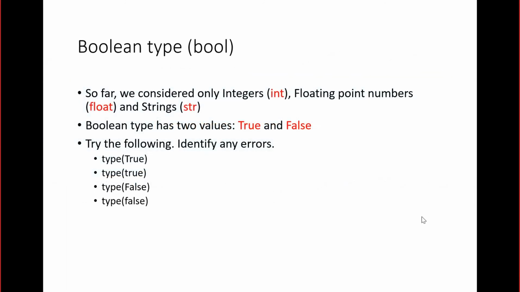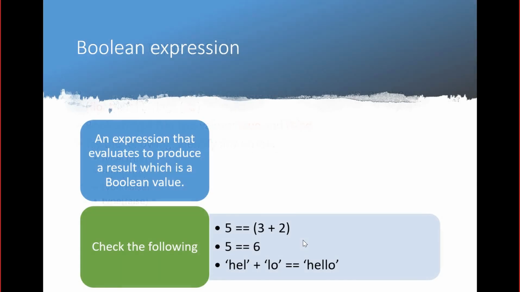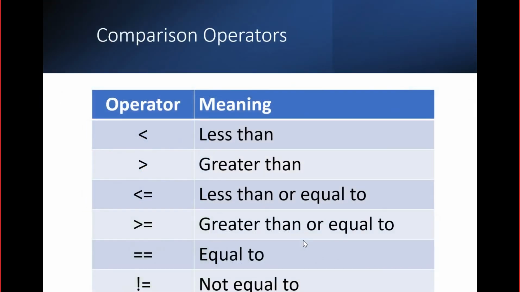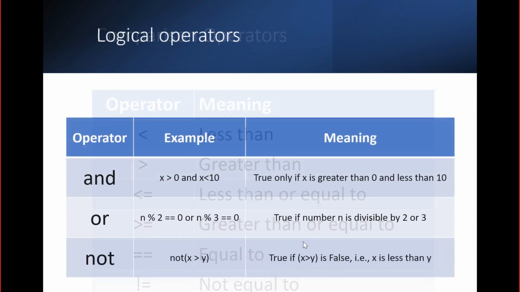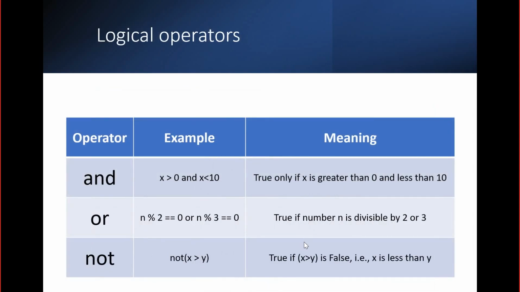Okay, so I think we'll finish for today, and then we'll continue with the next session on control structures. We'll be looking at how we will use the Boolean type, and also Boolean expressions, comparison operators, logical operators.